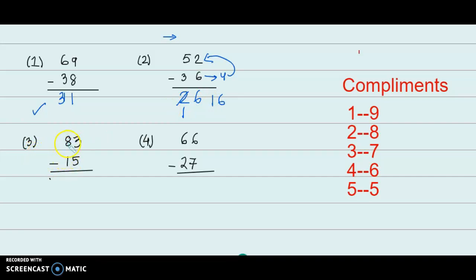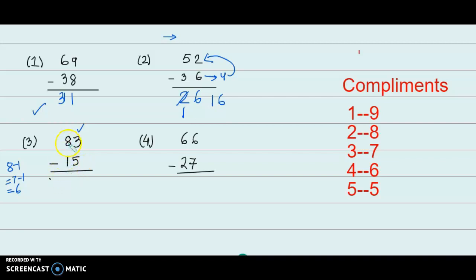Example 3. 8 is greater than 1 and 3 is smaller than 5. So as 3 is smaller than 5, you first subtract 8 minus 1, and that gives you 7, and then subtract 1 more, because in the next set of numbers the upper number is smaller and the lower number is bigger.